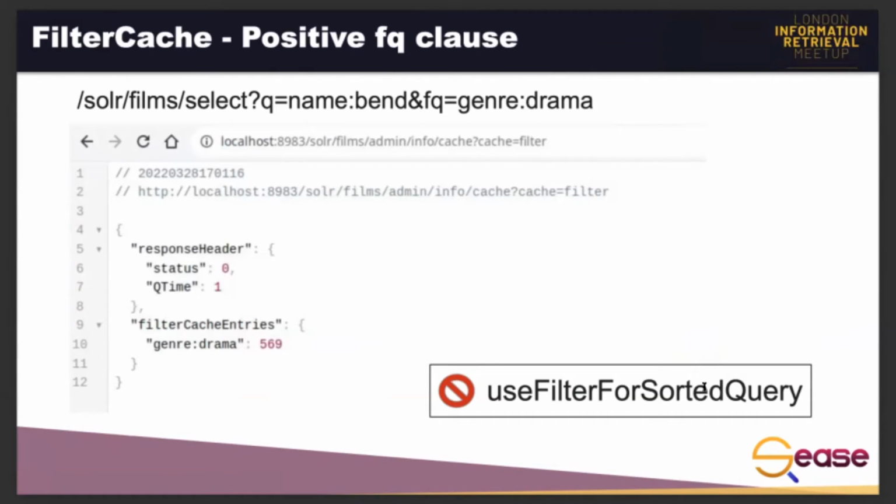So in the next example, we are not expecting to store the document IDs coming from the subquery, the q query. So as we can expect, I want drama movies that contain band in the name, and I can simply store the list of drama movies in my filter cache.